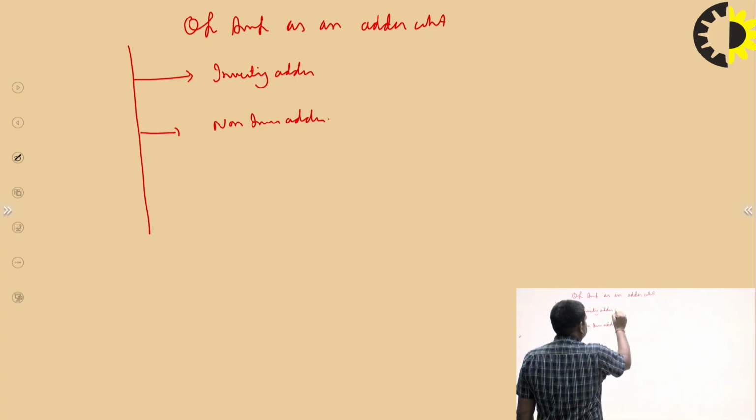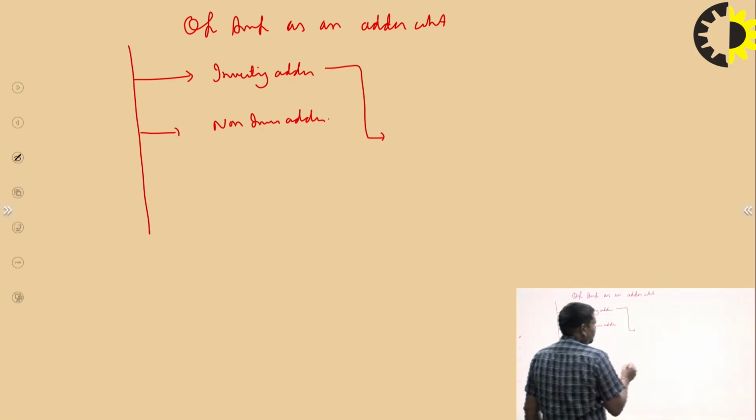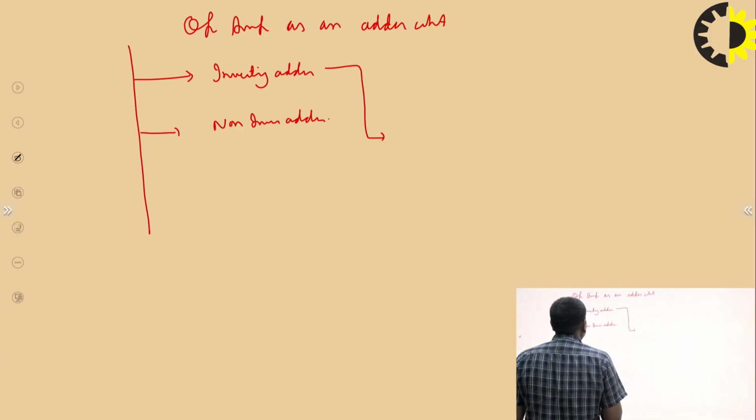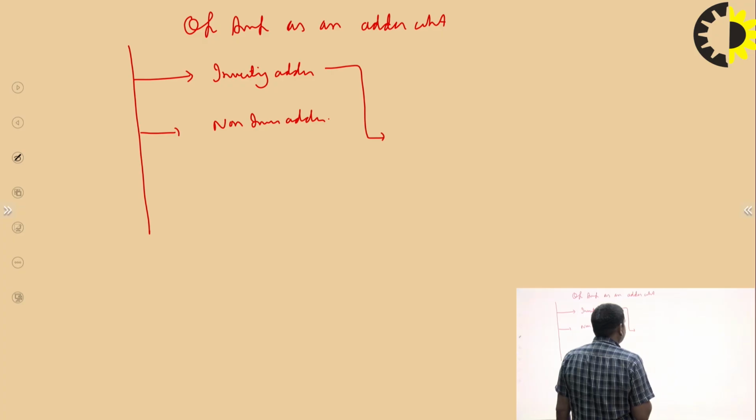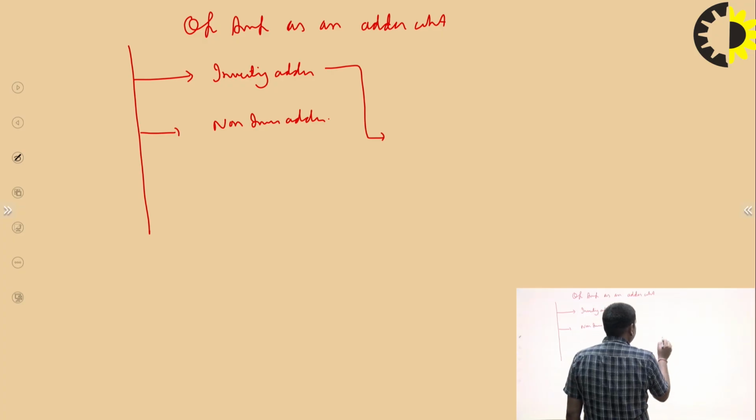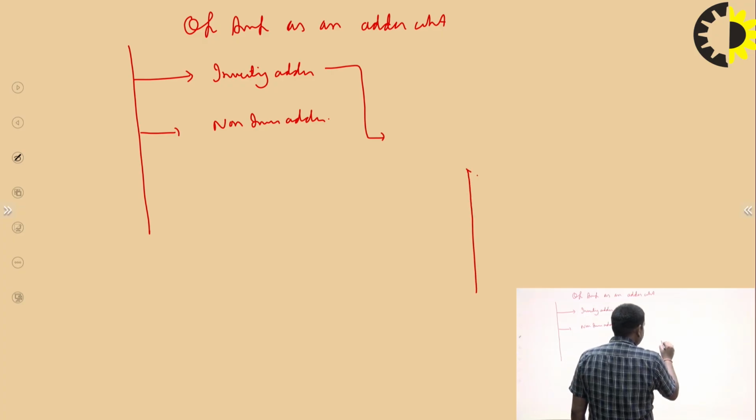First we introduce the inverting adder. That means the output is the inverse of the input, with the output 180 degrees out of phase with the inputs. Such a circuit is called an inverting adder circuit.